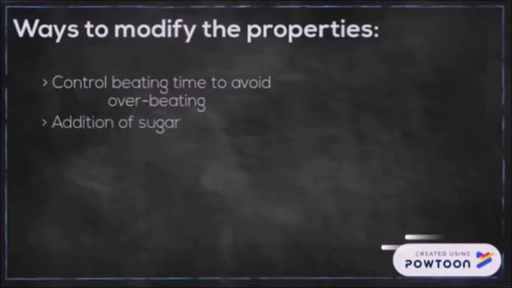The addition of sugar into egg white causes a delay of foam formation, especially in the first part of the beating period. The inhibition effect on the whipping properties is caused by the addition of sucrose, lactose, dextrose, and maltose. Despite the inhibition effect, the delay of foam formation helps prevent overbeating.